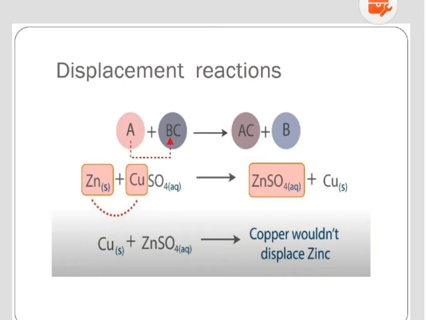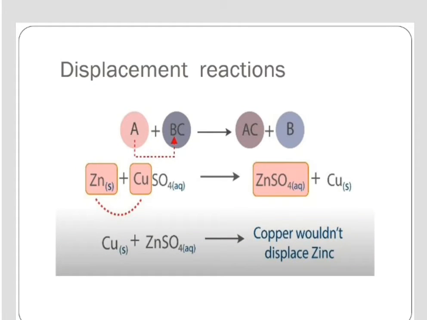Okay, because zinc is more reactive than copper.